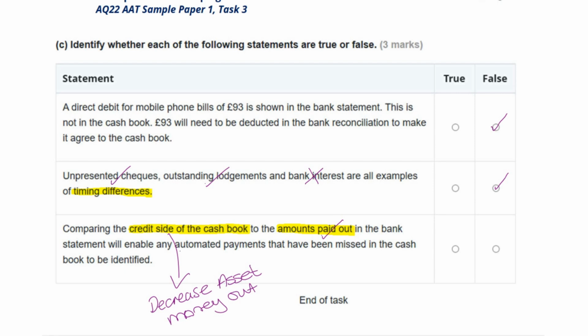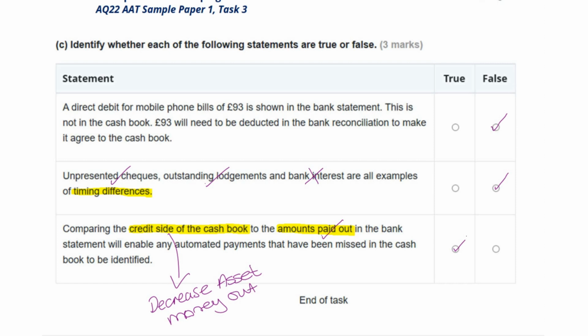So yes, if we are looking at the credit side of the cash book and the paid out amounts in the bank statement, we'll pick up any direct debits or standing orders that have gone out that haven't yet been recorded in the cash book. So therefore that's true. With those sorts of questions, just go through, break it down and make sure you understand credit side.